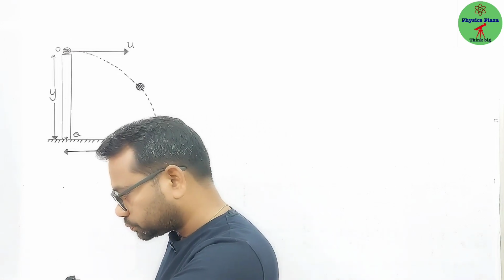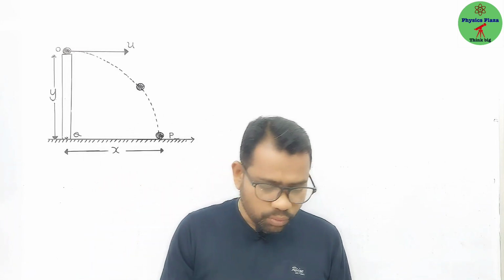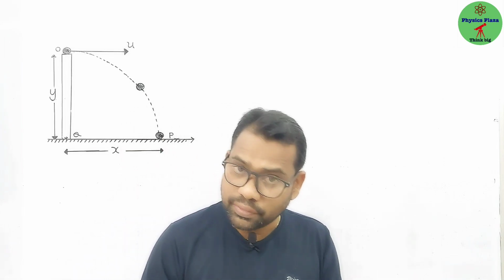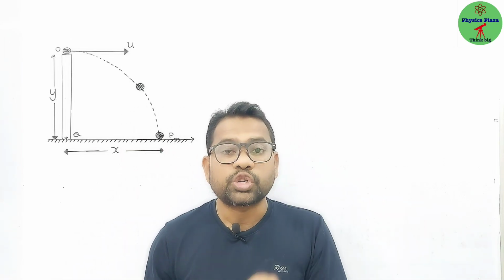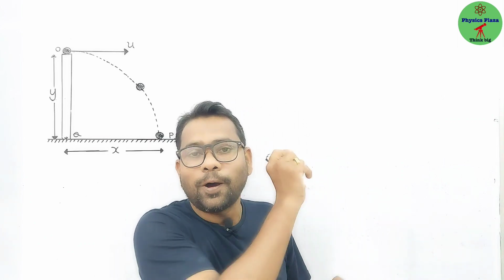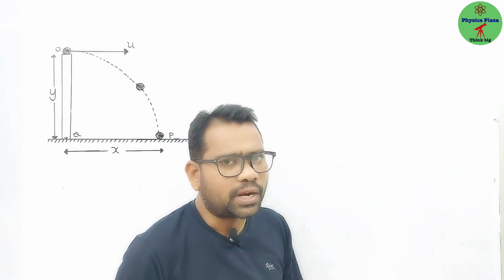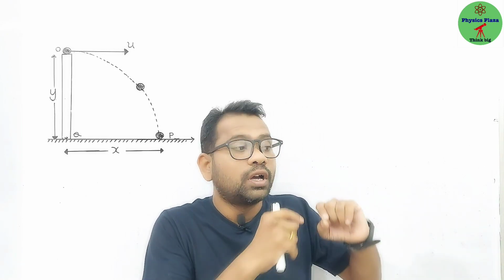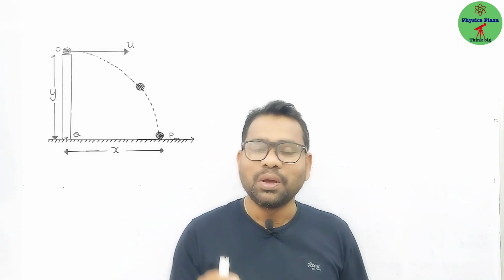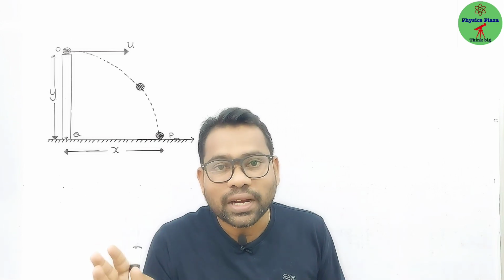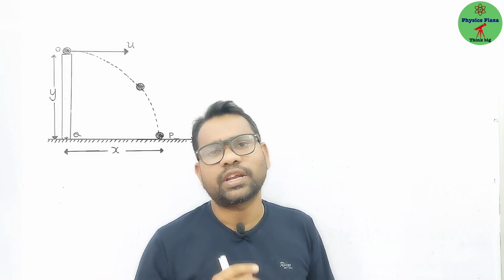And how can we say that projectile motion is two-dimensional motion? Children, we already discussed that projectile motion can be resolved into two simple motions, the horizontal direction and the vertical direction. You may get a doubt, sir, why is it resolved into two components? Because the projectile has some velocity along the horizontal direction and along the vertical direction.